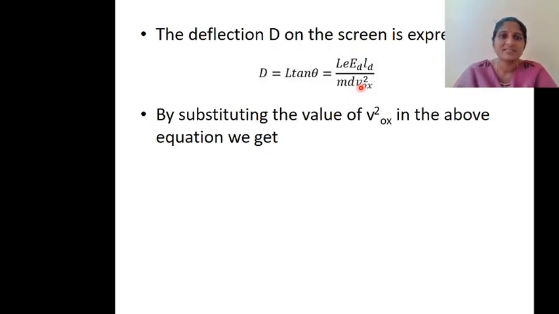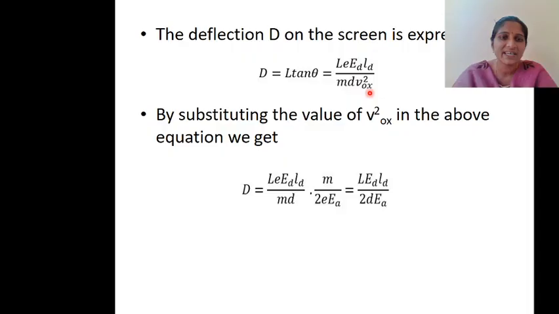Now substitute the value of v_ox which you have represented as equation 1. Then you will be getting D equal to L into m by 2 e A, that becomes L E_d l_d L by 2 d e A.